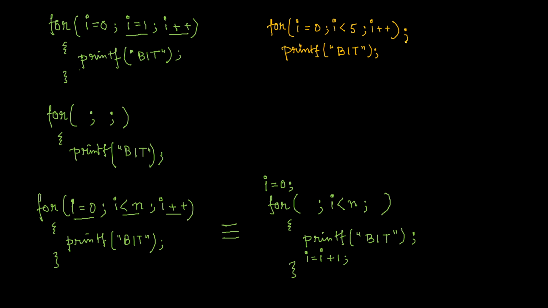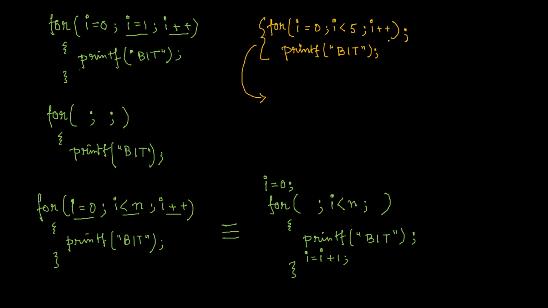If we consider only this statement, let's rewrite it again over here. Always remember, if you have a semicolon after a for loop, then what happens?